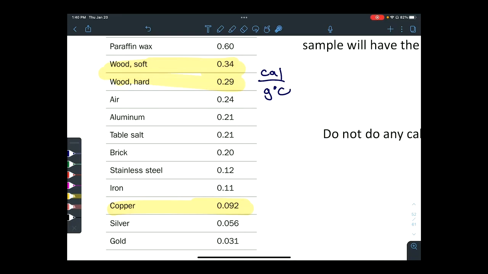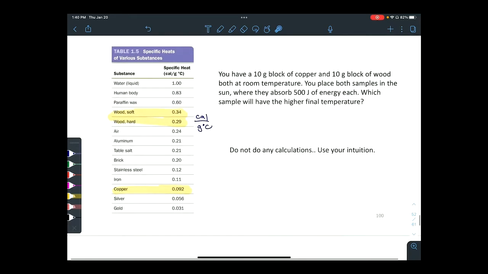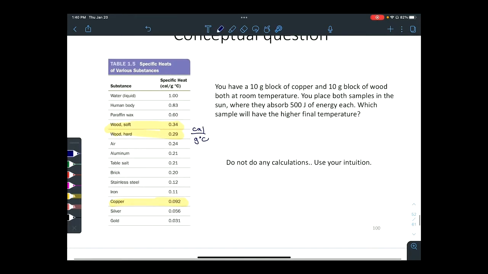See, all these metals have low specific heats. It means less energy is required to raise 1 gram of that substance by 1 degree Celsius. I think we think about that in our everyday life, but these are the numbers that prove what we are experiencing. Okay, so what's the answer here?